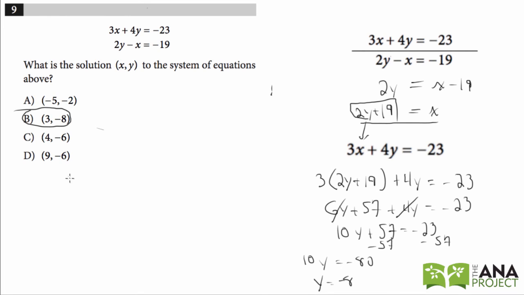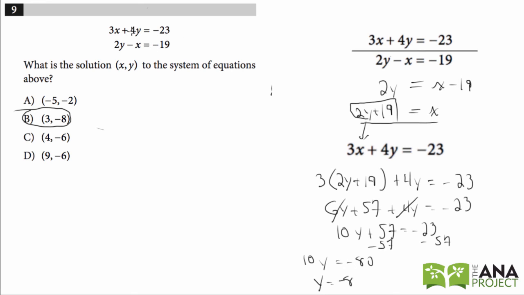Again, the only answer choice where y is negative 8 is B. If you wanted to check to make sure, if you plug in y to any of these equations, you'd get x equals 3. So that's the substitution method. I suggest that you use any method that makes sense for you. If using the answer choices method and working backwards makes the most sense, use that one.